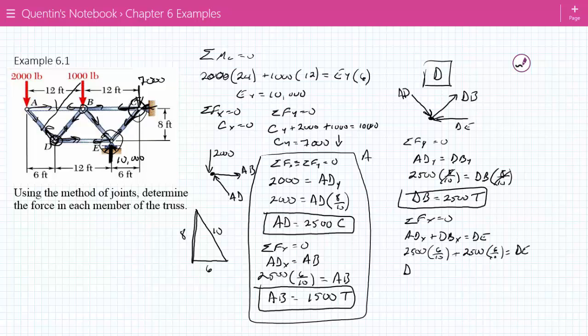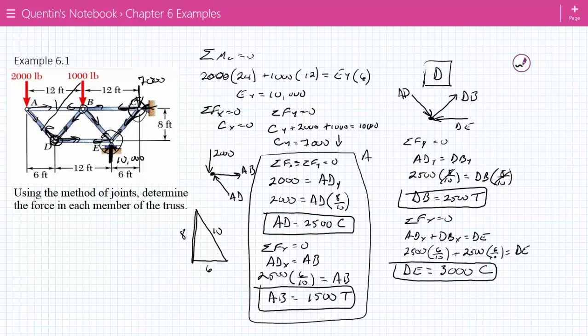So therefore, DE is equal to, I wrote this down, so I'm cheating, 3,000. Okay, and is DB in tension or compression? It's positive, which means nothing. It just means the arrow's in the right direction. So therefore, I drew it in towards the force, so that is in compression.